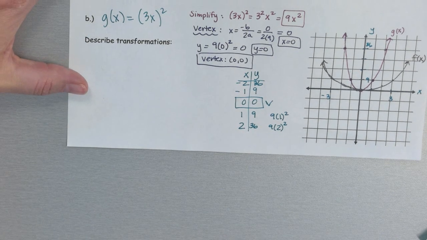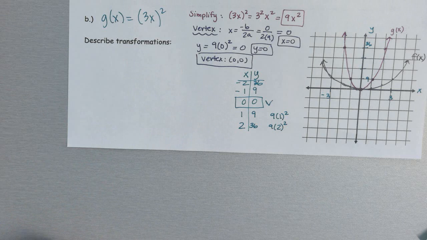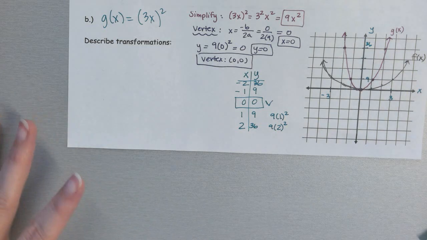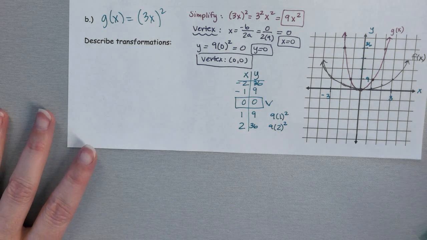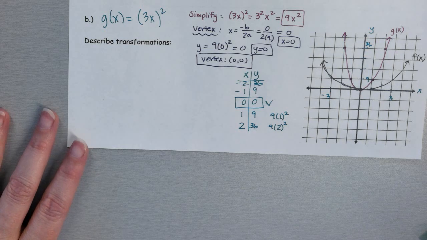Now, when you have stretches and compressions, there are two equivalent answers. So a horizontal stretch and a vertical compression do the same thing, and vice versa. Okay, so we're going to look at this in two different ways. That means if you're doing your homework or a test or a quiz, there are two correct answers for this.